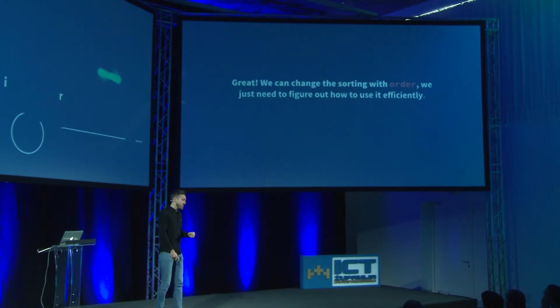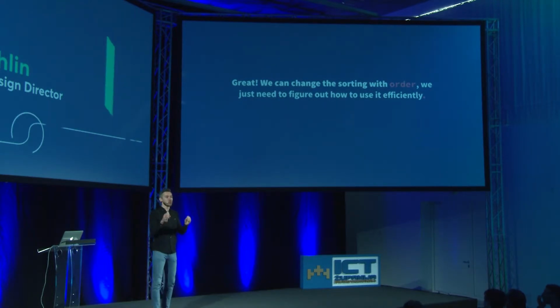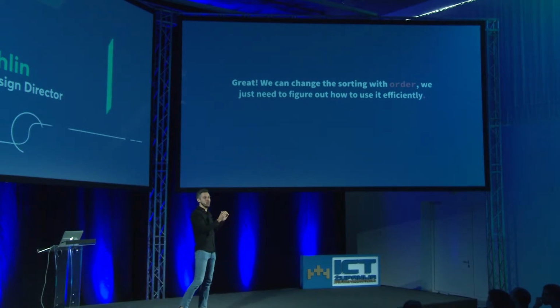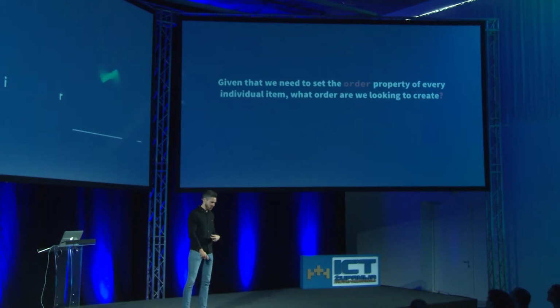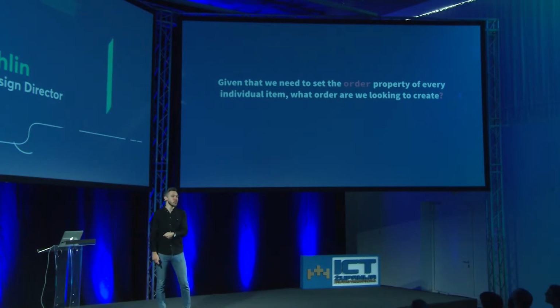So that's great. Theoretically, if we realize that we've got control of the order of all the items, we know that we can figure out a way to use it efficiently to create the layout that we need. The question is, how do we even do that? What order are we looking to create, and how can we get there?